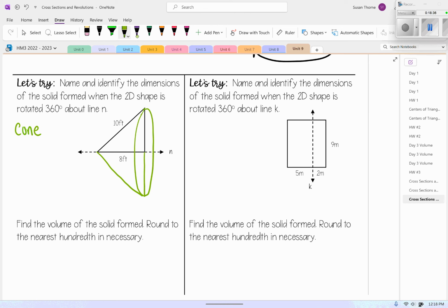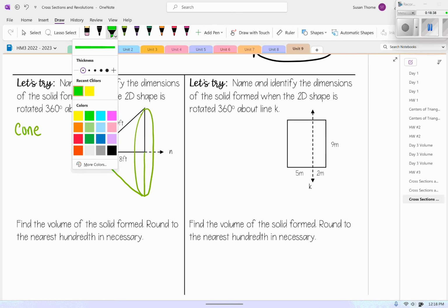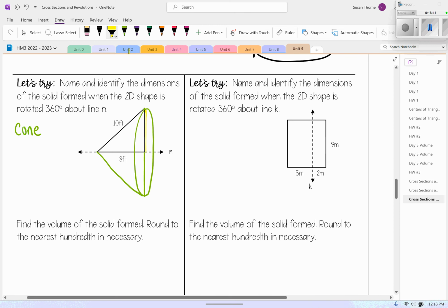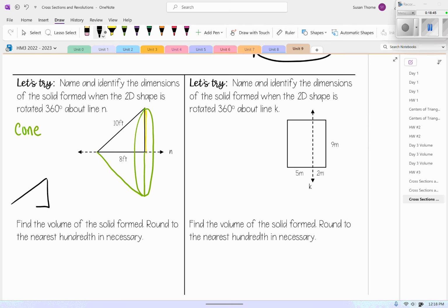And to find the radius of the cone, we need to figure out what this length is right here from the triangle. So we're going to have to do the Pythagorean theorem. This is 8 feet, 10 feet, and we want to figure out what this is, which I'm going to call r.